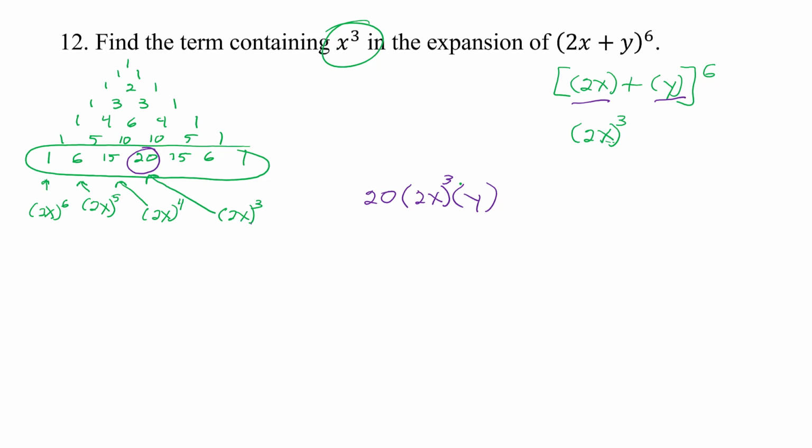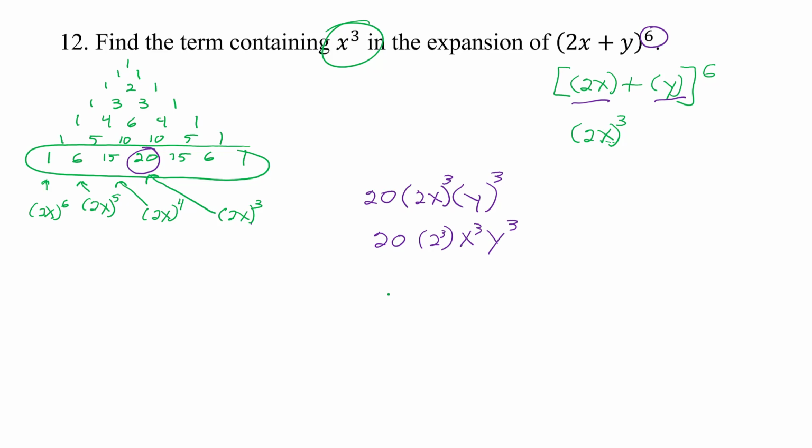And from the last example, notice that the sum of our exponents on the 2x and the y need to add to 6. That tells me that I need a 3 here. So that gives me 20 times 2 cubed times x cubed times y cubed.